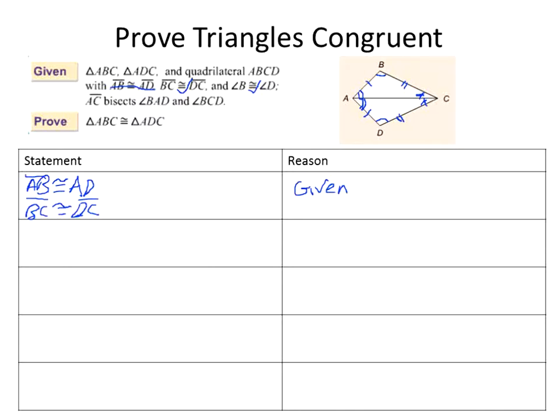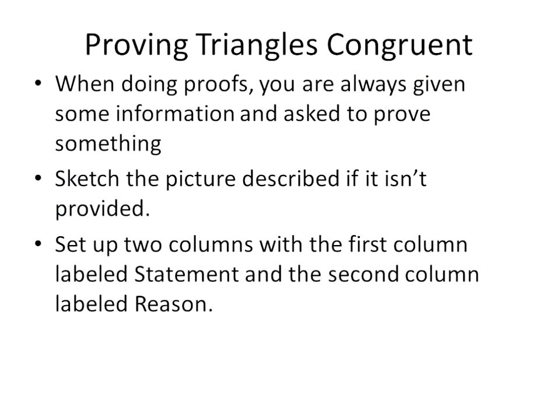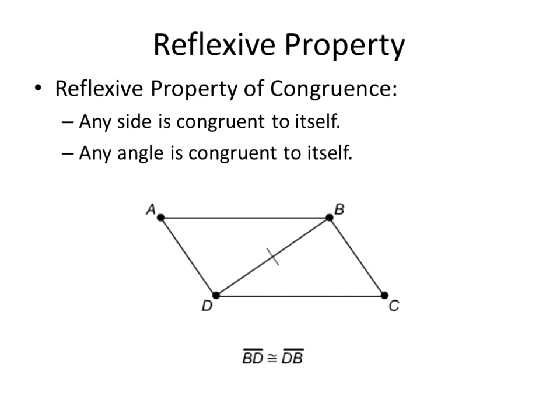The reason that we can put there is that information was given to us. But we still need our third side. So where is our third side? Well, our third side happens to be here. And guess what? Both triangles share that third side. And we learned about it there, postulate and those types of things that help us know something about things that share a side. So let's go back and look at what that might have been.